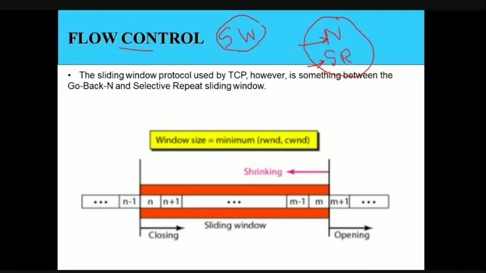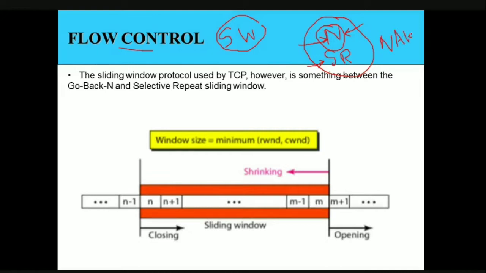The sliding window protocol in TCP is going to look like the Go-Back-N protocol, because it is not going to use any negative acknowledgements.